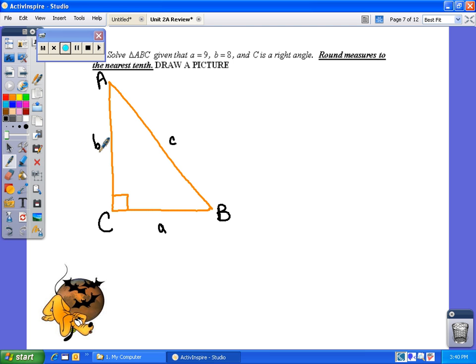So once you label your triangle, you put in the things that were given to you. C is 90, we don't have to indicate that.